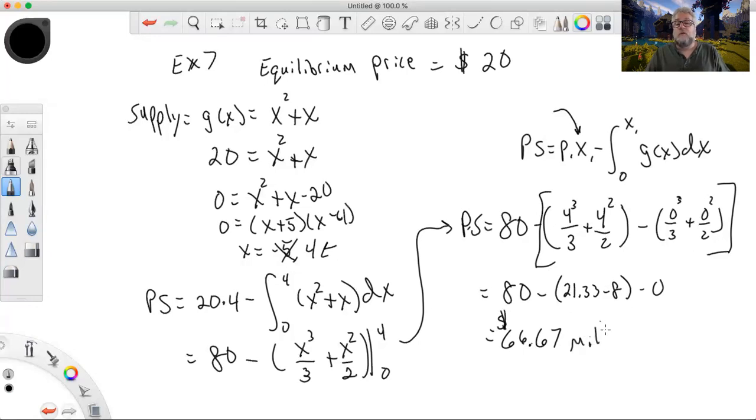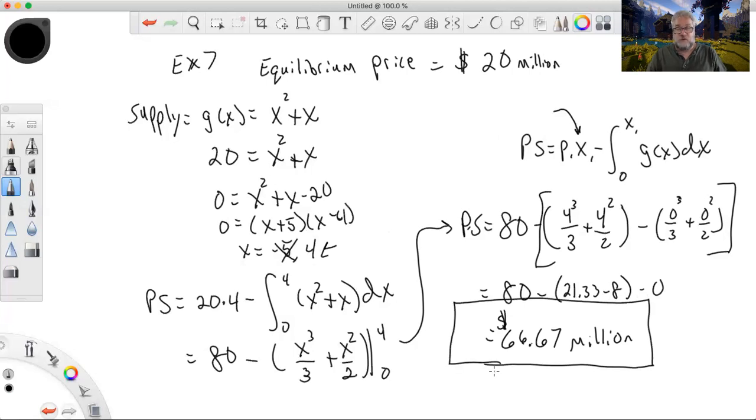It says in the problem that everything is in millions. So I don't know what they're selling for $20 million. That's how much they sell at that rate, and they sell maybe 4 million units. I'm not really sure. But anyways, here is our producer surplus revenue that we're going to make from selling things in the upper half of that curve.